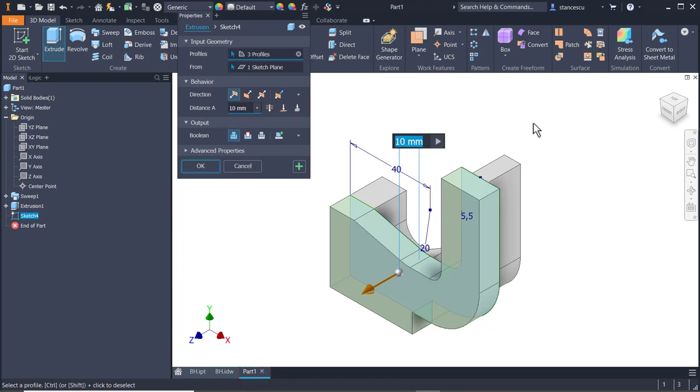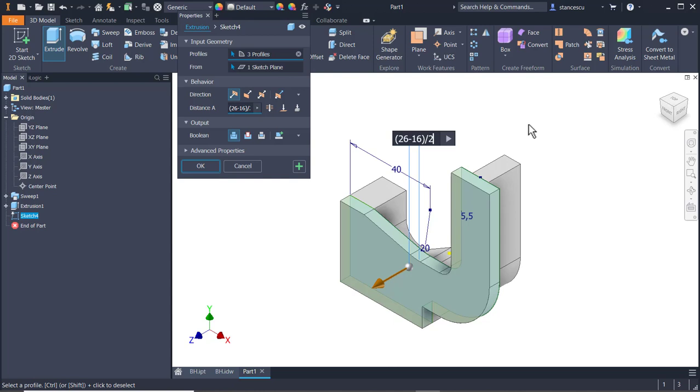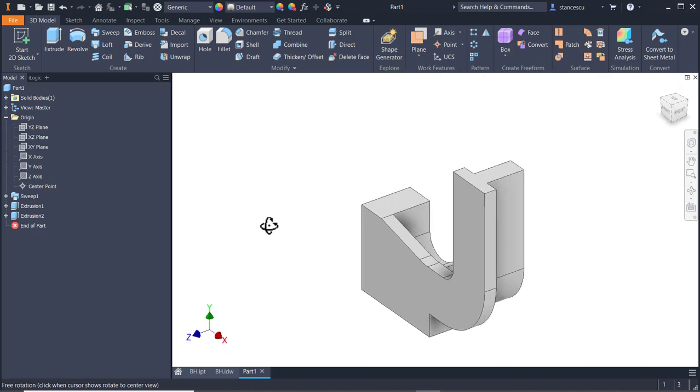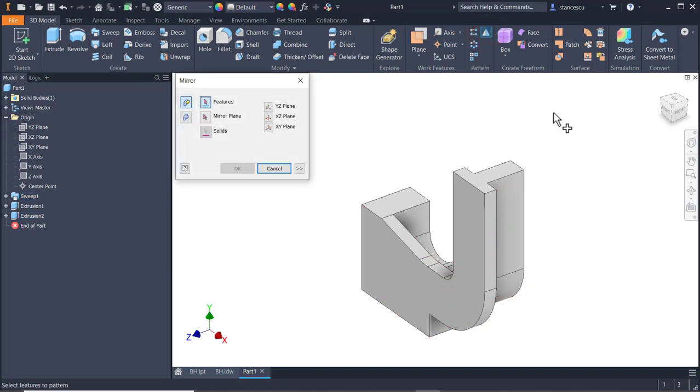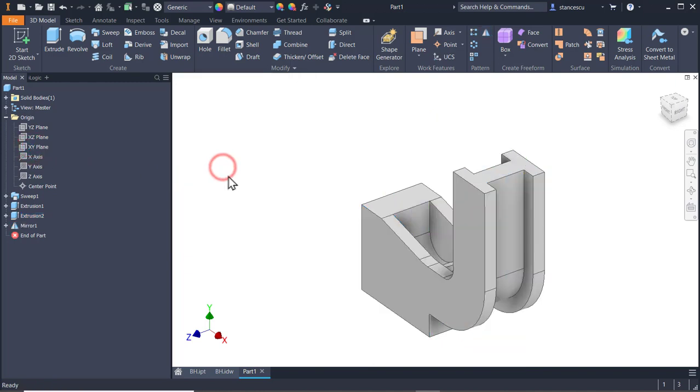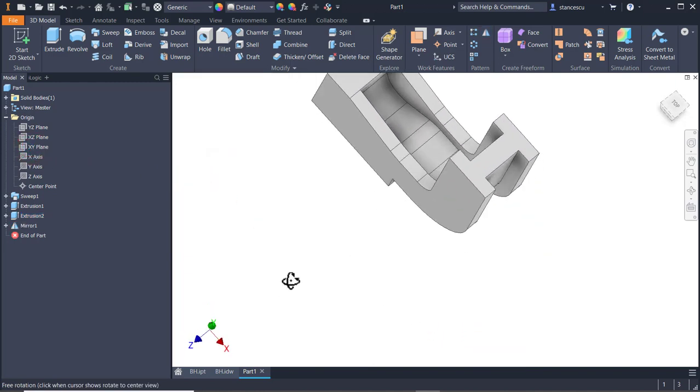Extrusion 26 minus 16 divided by 2, which means 5 millimeters, of course. Now mirror, because we want to place the same contour on the other face. What to mirror? This. What is the mirror plane? XY. Okay. Now we have the H.